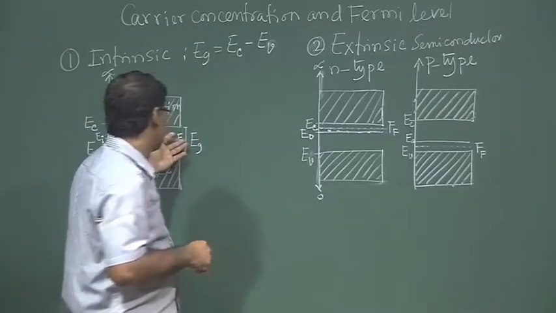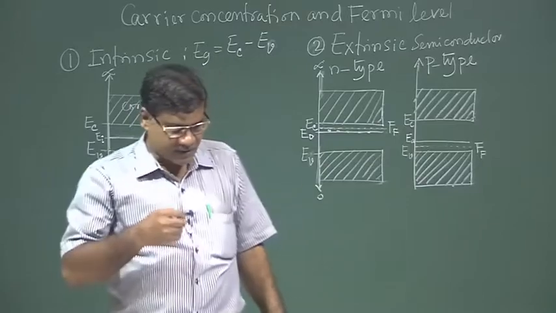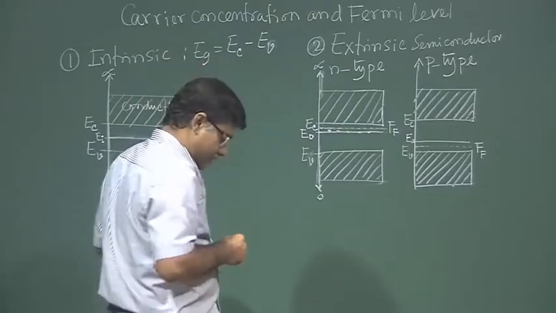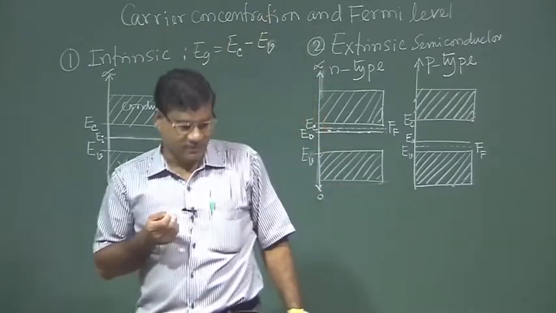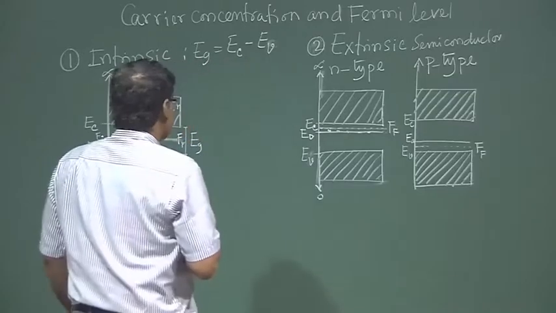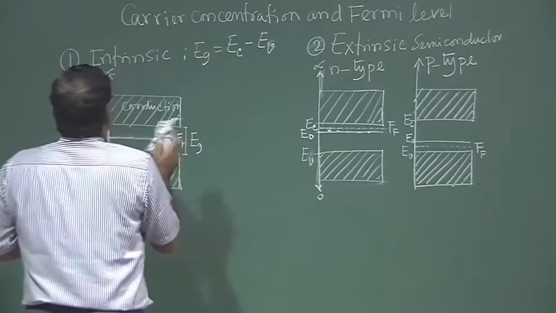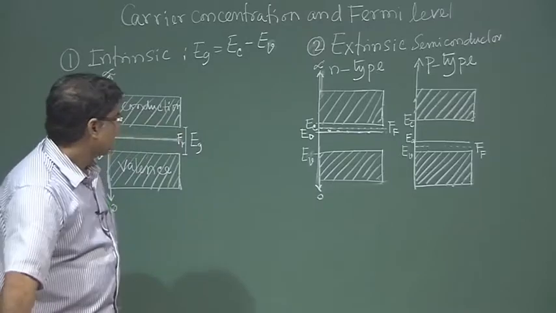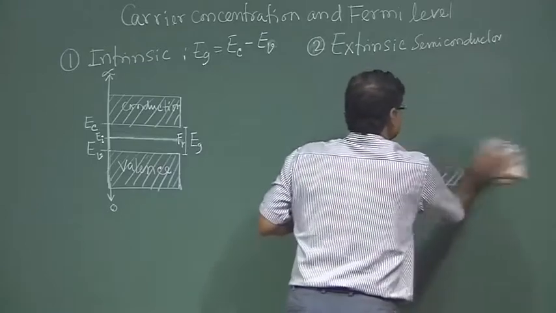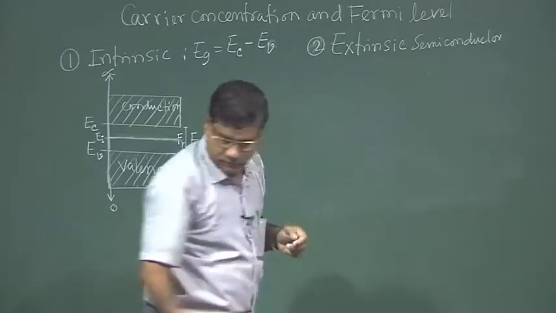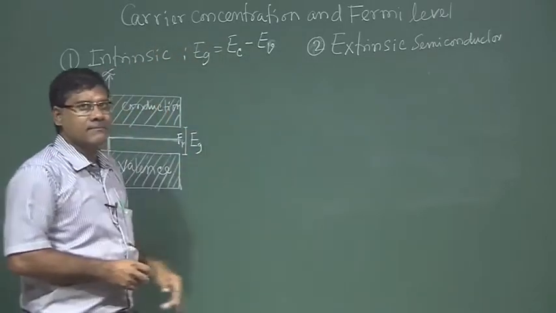Here I just assume this type of arrangement of the energy levels, but that we can find out. For that we have to calculate the carrier concentration of the semiconductor. So, how can we calculate carrier concentration?